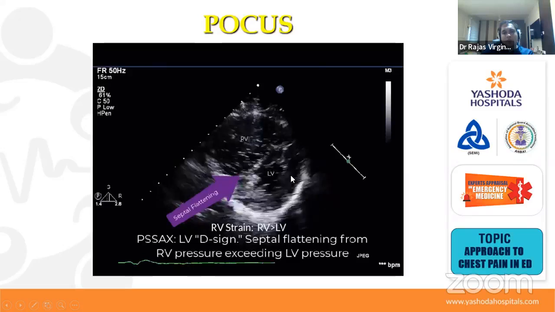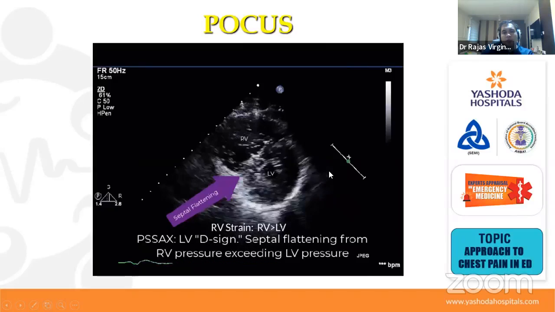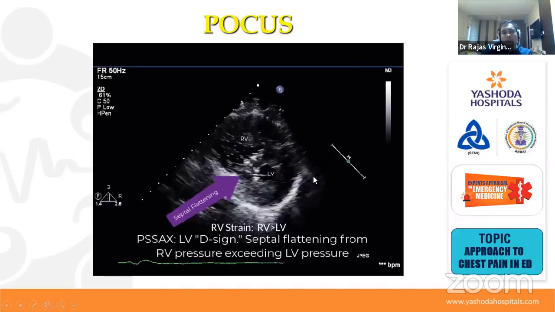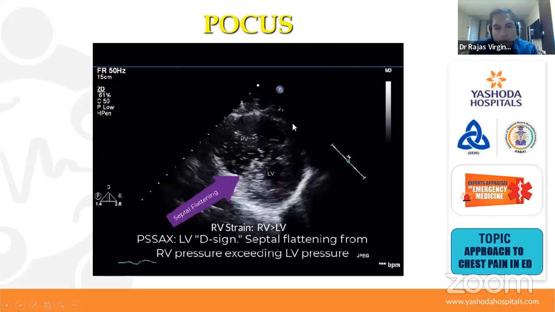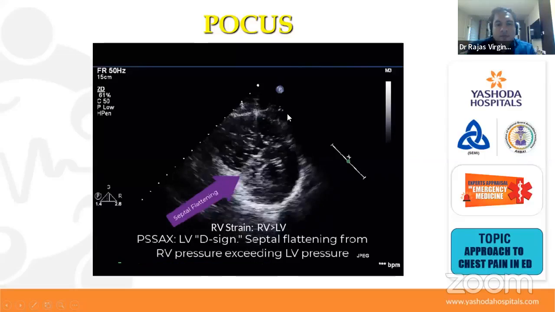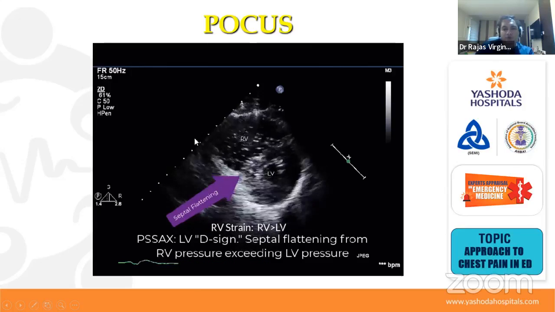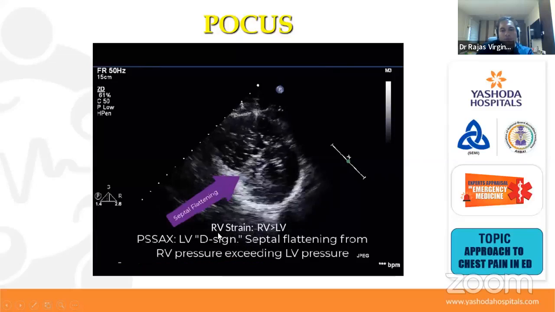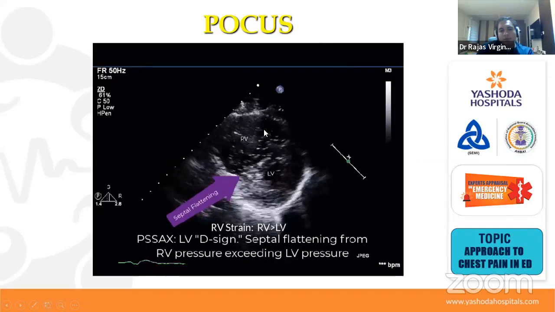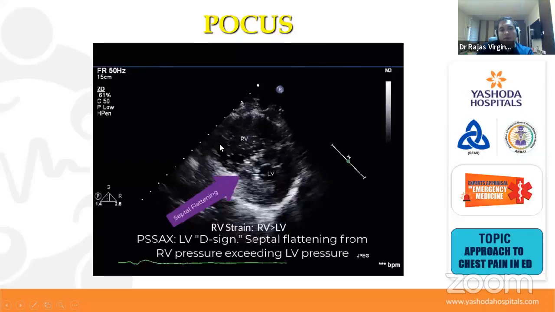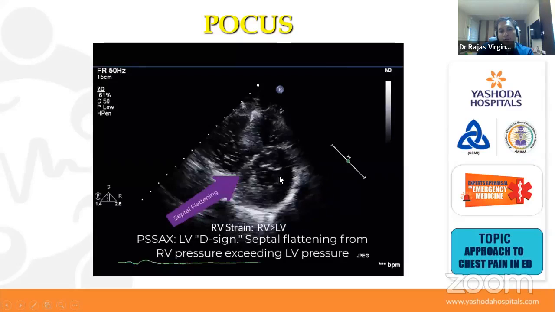Now, in a massive PE, where there is a pulmonary arterial obstruction, you will have a back pressure which is transferred into the right ventricle and the right atrium. Here you can see a septal flattening, and you can see the right ventricle clearly indenting on the left ventricle.